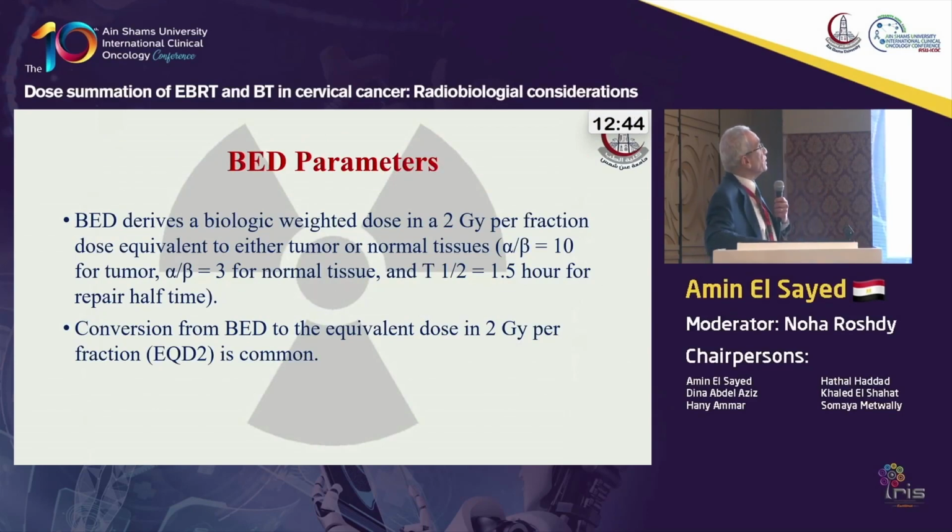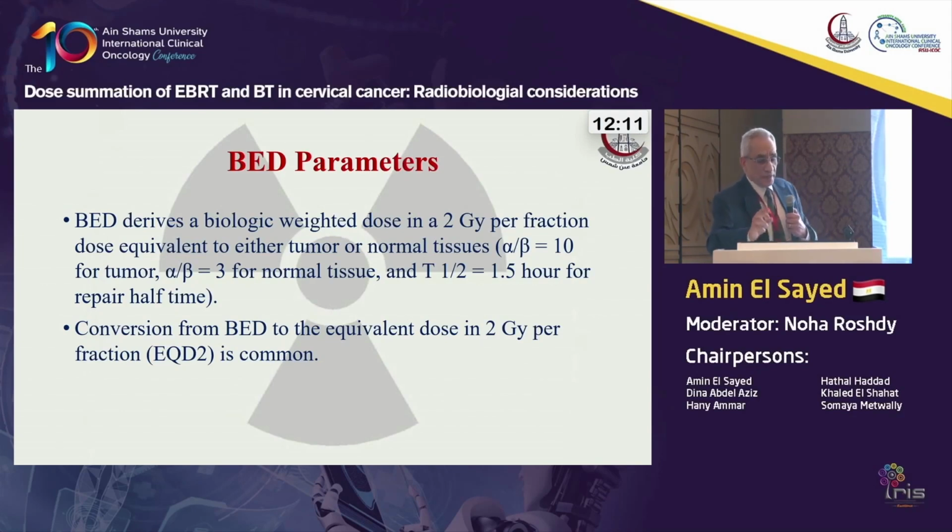Usually in the BED calculation, the parameters used were alpha over beta equal to 10 for tumors, and alpha over beta equal to 3 for late responding normal tissue. This is a very critical point, because these values are not common as we thought. No, it varies from one tumor to another, and from one normal tissue to another.